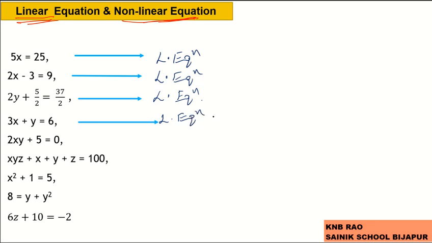but in two variables. Why? Because you could see here there is one variable x, another variable y, whereas the first three are linear equations but in one variable, because the variable involved is only one, either x or y.